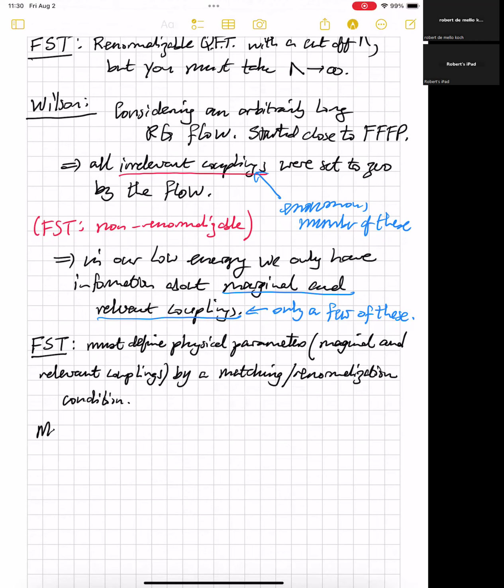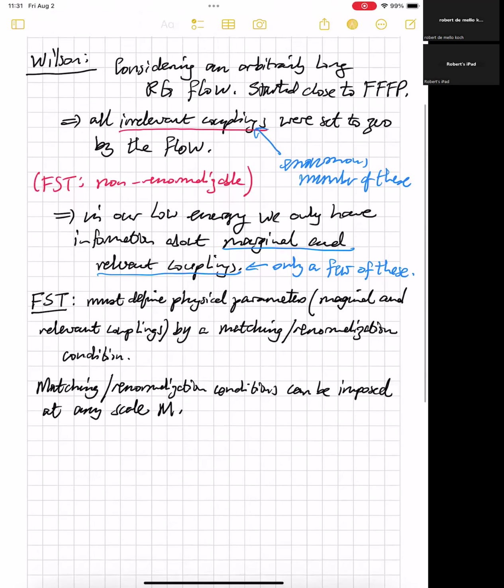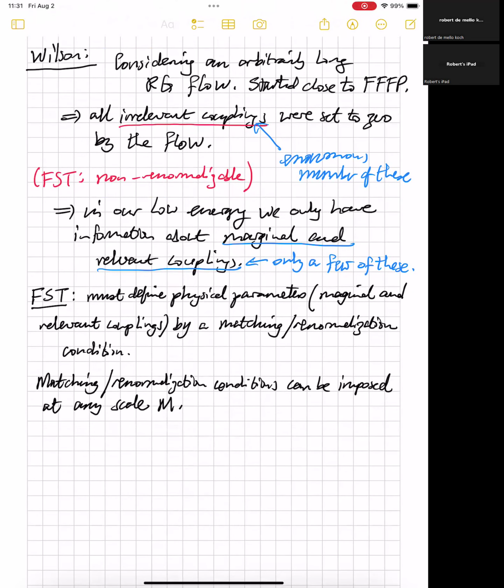Our matching conditions or renormalization conditions can be imposed because we're just using them to define these parameters at any scale, let's say M. Okay, so we can choose to define our physical couplings and masses at any scale M.